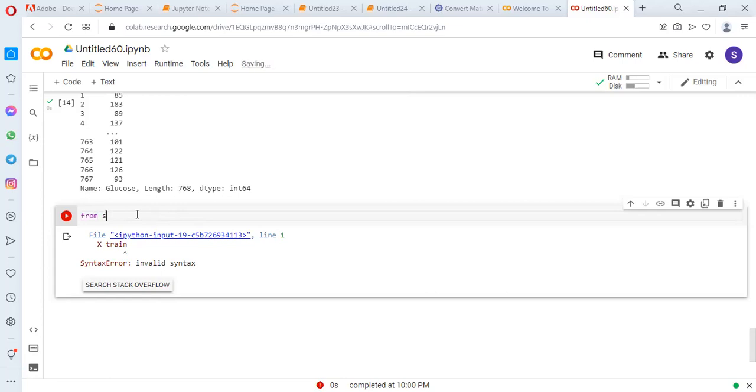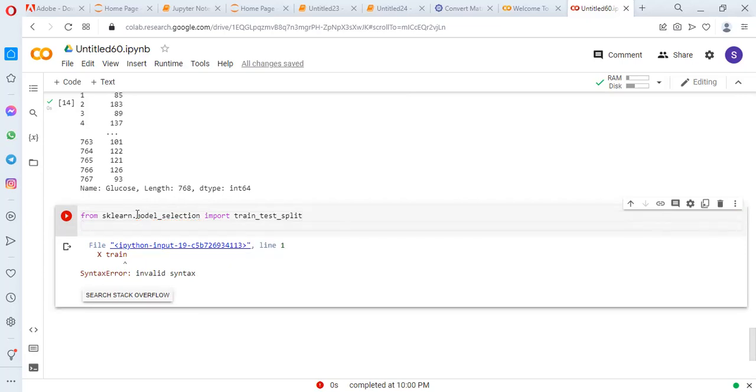From sklearn.model_selection import train_test_split.